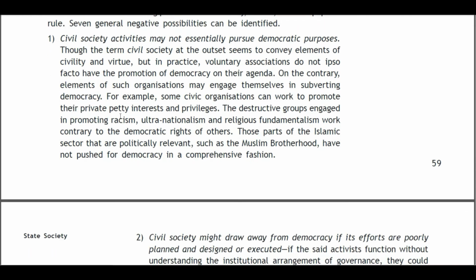First, civil society activities may not essentially pursue democratic purposes. Though the term civil society at the outset seems to convey elements of civility and virtue, in practice, voluntary organizations do not ipso facto have the promotion of democracy on their agenda.